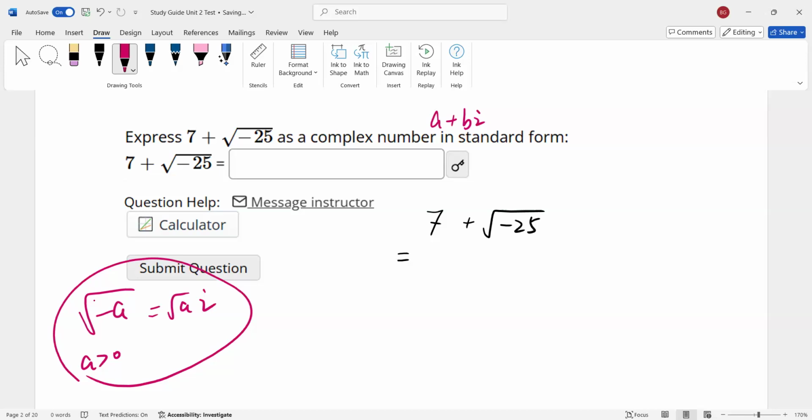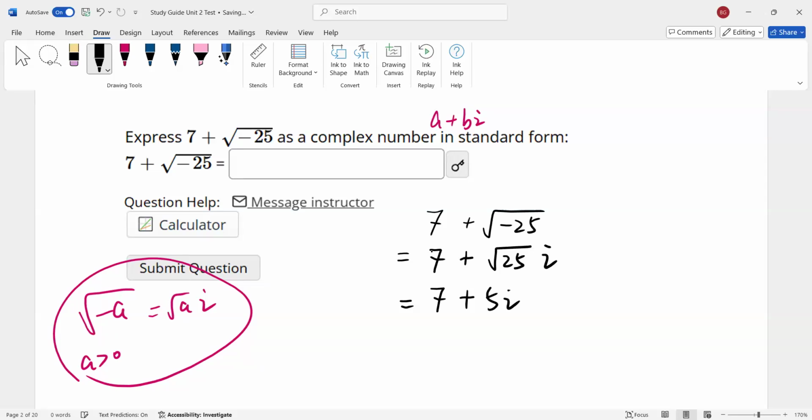All right, so square root of negative 25. When you see the square root of negative 25, right away rewrite that expression as square root of 25 times i. And then simplify. Square root of 25, we all know is positive 5, right? 5i.